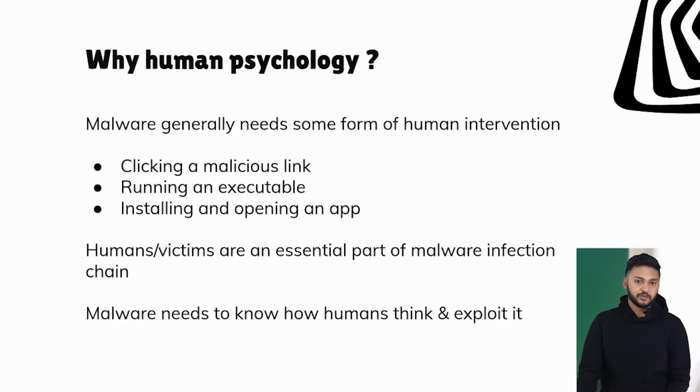A few examples of human intervention include opening an email and opening or saving the attachment locally on the device. Human intervention might be required in clicking or running an executable. It may be required in installing an application and running that application. So in a lot of cases, without human intervention, the malware will not infect the system.